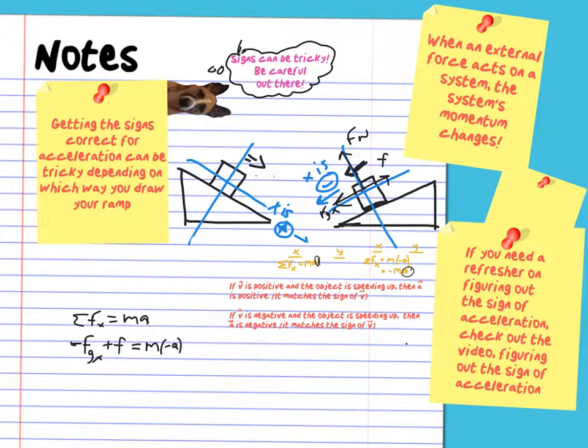Now, if you are one to make your equations so that everything is positive, so for example, you are going to write this equals ma, then you need to make sure that you are putting a negative value in for here because it is moving in the negative direction.